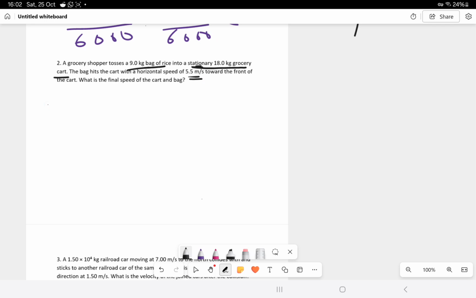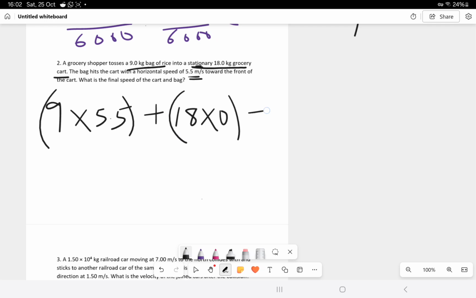In other terms, M1 V1 plus M2 V2 is equal to M1 plus M2 into VC, and therefore I'll have 9.0 multiplied by 5.5 plus 18 multiplied by 0, and this should give M1 plus M2, which is 9 plus 18, this will get 27 VC. Now this one will be 0.